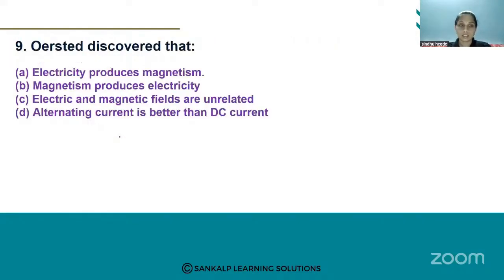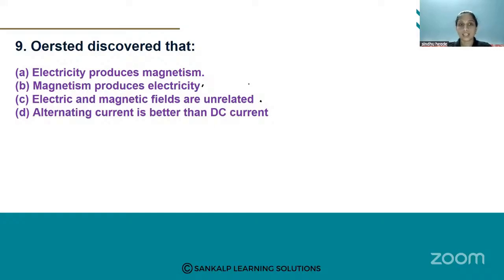So next, ninth one. Hans Christian Ørsted is a scientist, right? What did he discover? First option, electricity produces magnetism; second, magnetism produces electricity; third, electric and magnetic fields are unrelated; and fourth, alternating current is better than DC current.